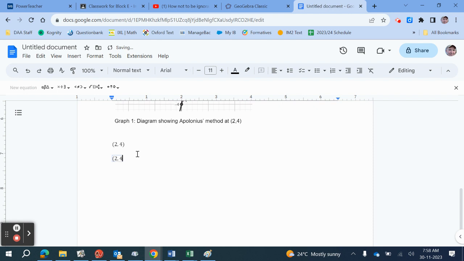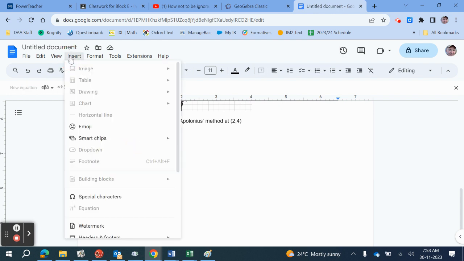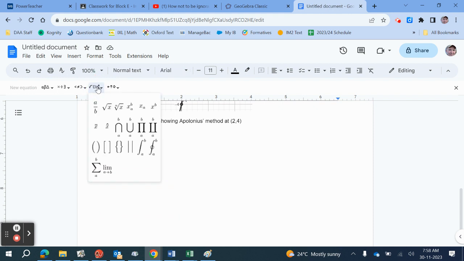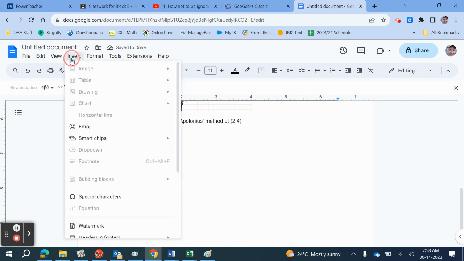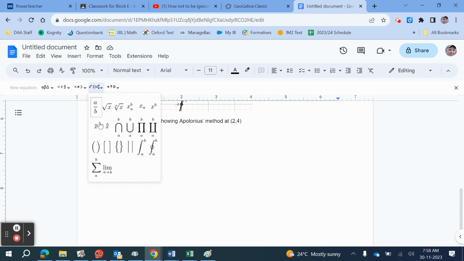(2, 4). Looks okay. So now let's go to this equation, and I do other calculations, and I need to add a fraction. So if I add a fraction like this one, let's say this becomes 4/3 or something. And then I go to this one and I insert some fraction.